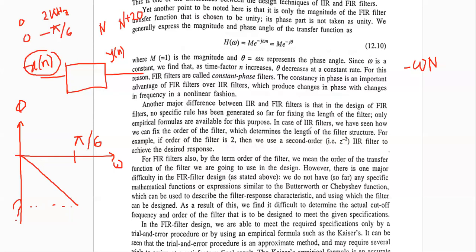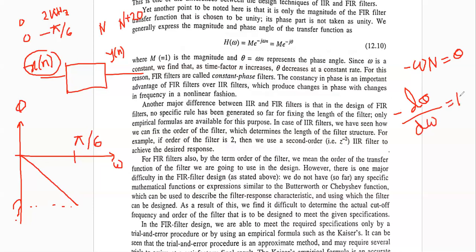And then if I try to find the group delay, since this is linear, what is the group delay? Group delay is nothing but minus, there is a minus, and then d theta, this is your theta, d theta divided by d omega. What is that value?